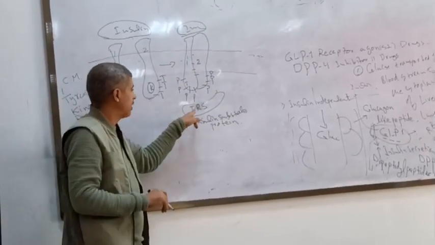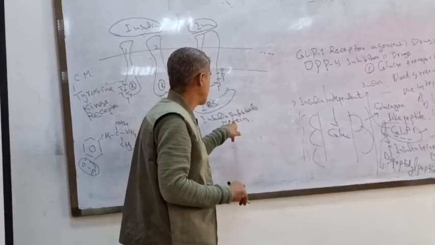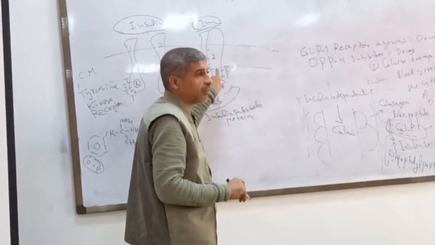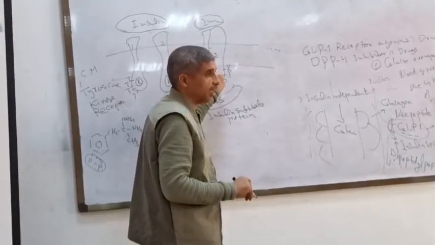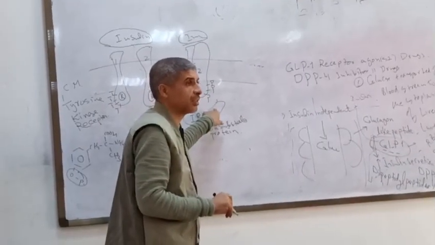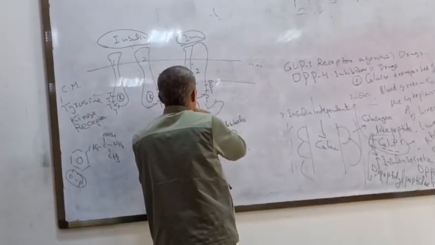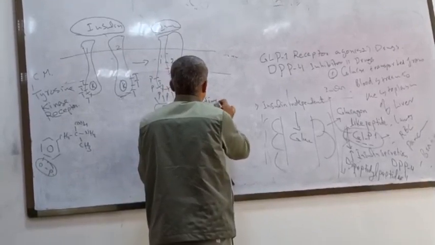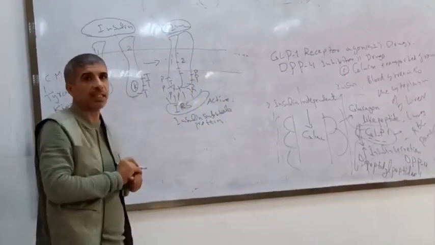When the insulin receptor substrate binds with the phosphorylated part of the tyrosine kinase receptor, it becomes active, a biologically active compound.